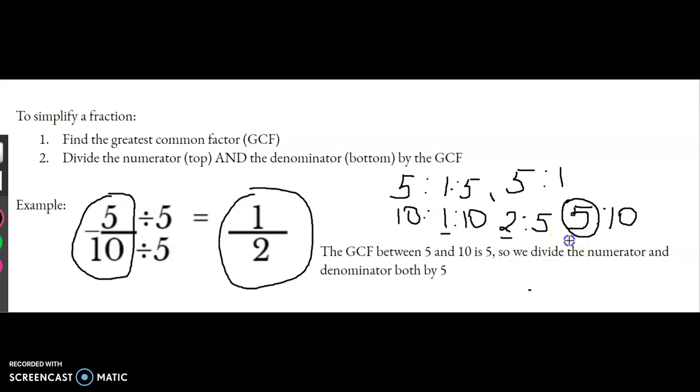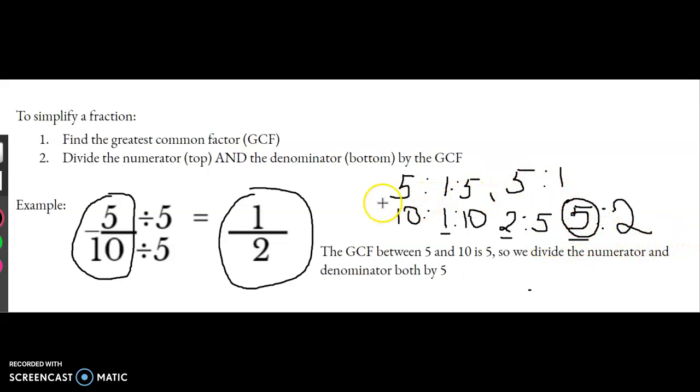So let's go and get number 5. 10 divided by 5 is 2.